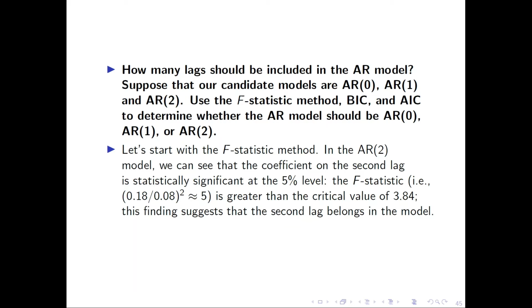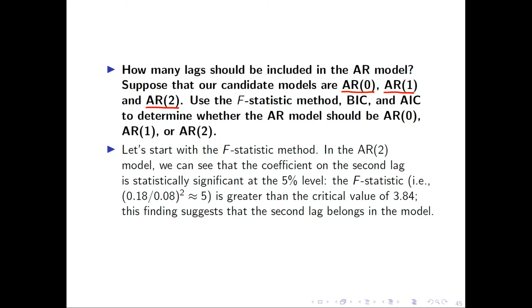But if we look at how many lags we should include in the AR model, then our candidate models are the AR0 model with only the intercept, the AR1 model with 1 lag, and the AR2 model with 2 lags.